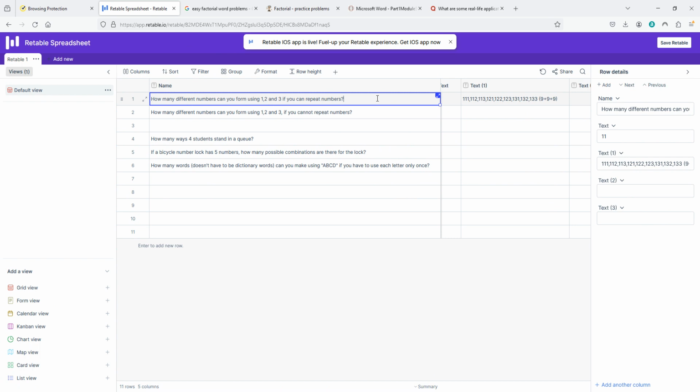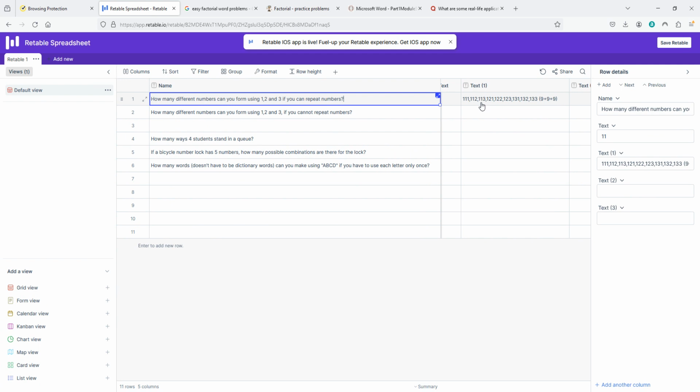All right, so this is not factorial. We are still focusing on the case where you can repeat the numbers, and you can easily find how many possible ways there are by multiplying the number by itself as many times as its value.